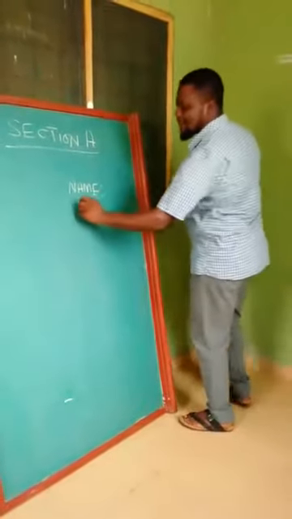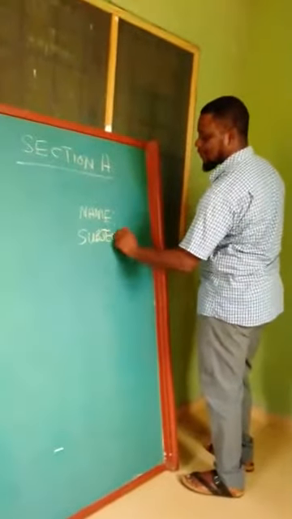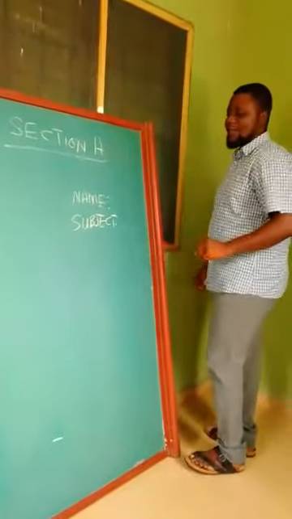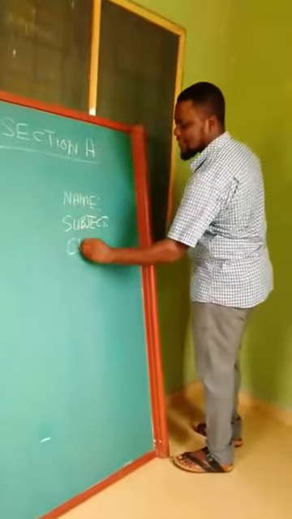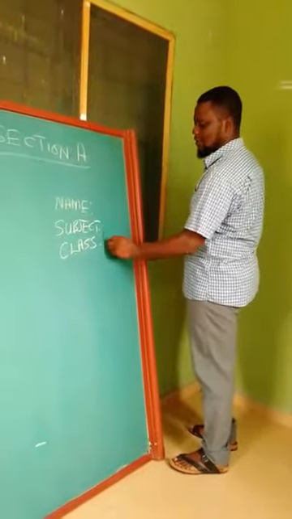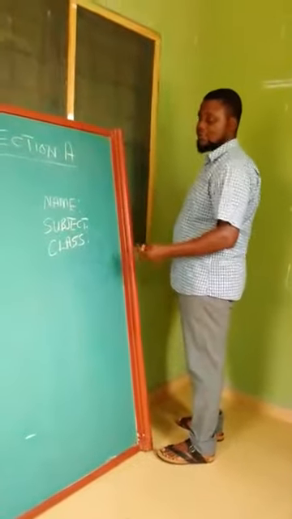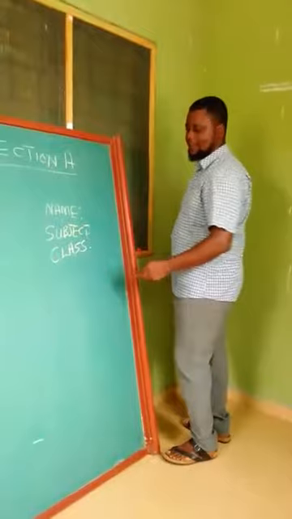They have the subject, that's mathematics. They have the class, so JHS 1 or 1L, 1A. If it's JHS 2, 2A, 2L.